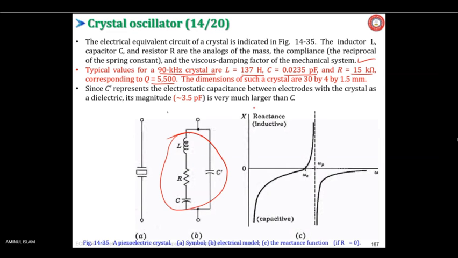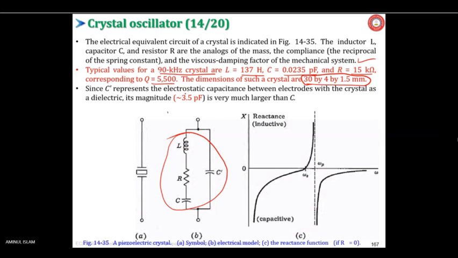The dimensions of such a crystal are 30 by 4 by 1.5 mm. These values of L, C, and R are specific to the dimension. Remember that. If this is the dimension, the values of L, C, and R are these, and corresponding to that, you will get a Q of 5500.